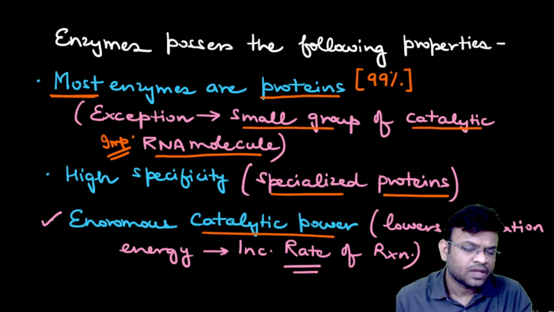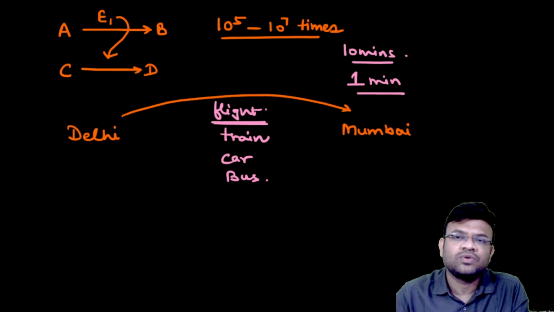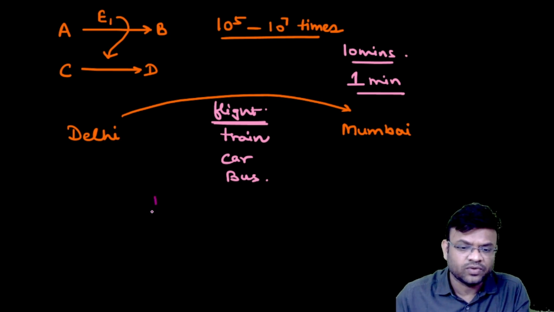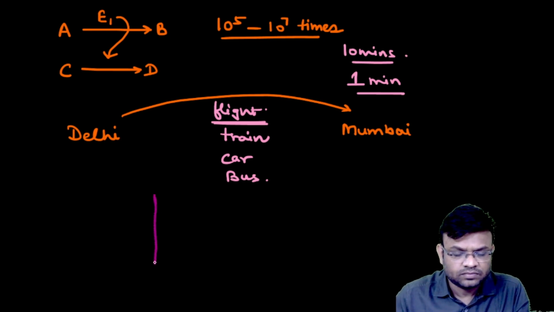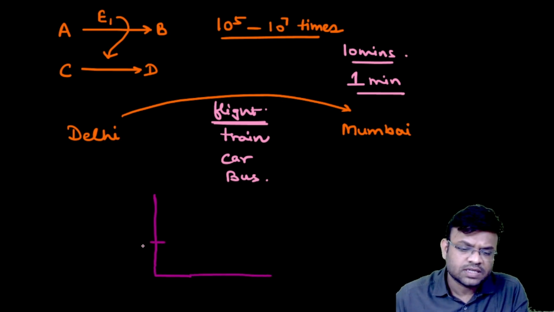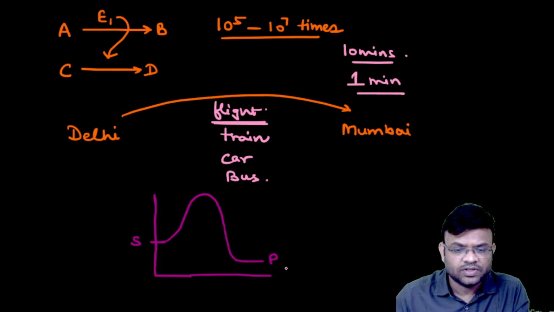Now, when I say lowers activation energy, I simply want to explain it to you, so let me just draw it over here. Okay, now suppose this is the energy of a substrate and this is the energy of the product.